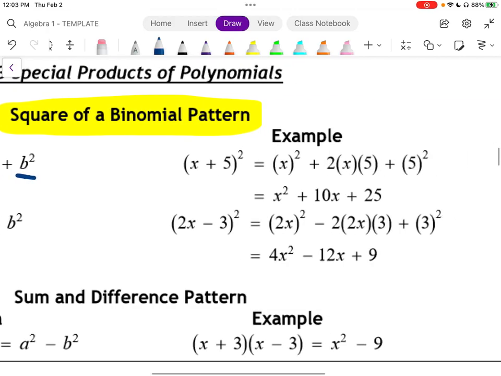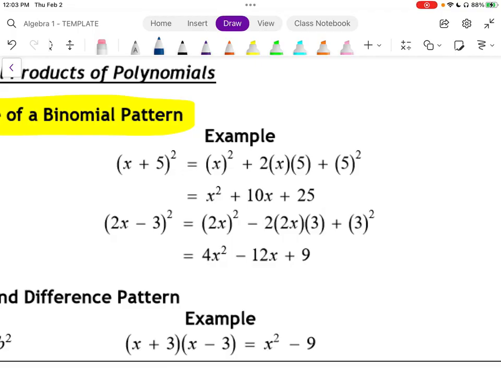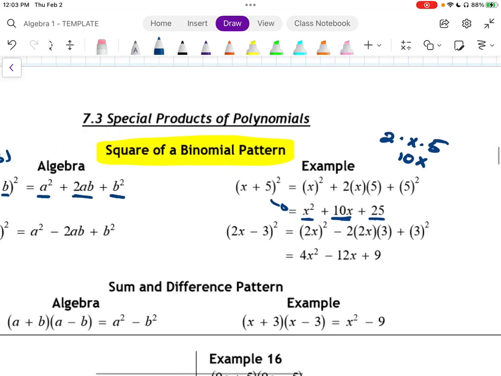What that means is that if we had x plus 5 squared, we could jump to the end and say, the first term squared, that's x squared. The last term squared, that's 25. And then the middle is 2 times x times 5, which is 10x, which is what goes in the middle there. If that works well for you, that's awesome.